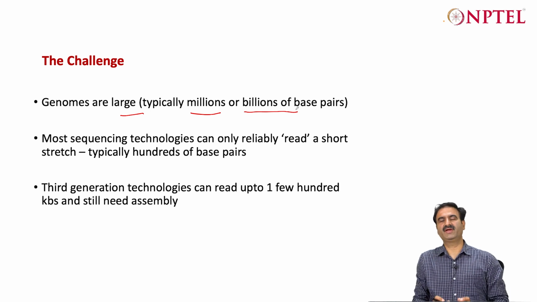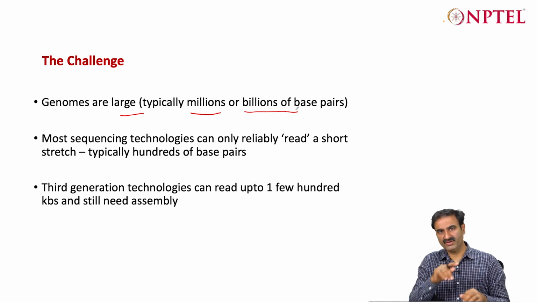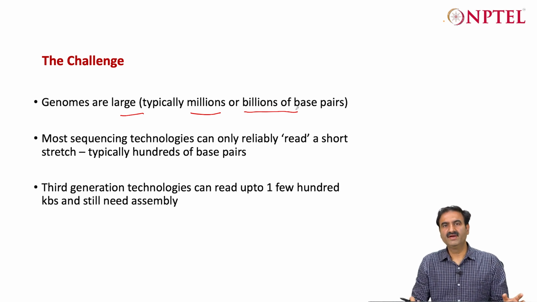And most of the sequencing technologies can do only short reads, or even the longer reads such as PacBio or Nanopore ONT are not sufficient to complete the entire genome in one go. So basically what you need here is a combination of the two, and a computational assembly and scaffolding, and reconstructing the genome is still a challenge.